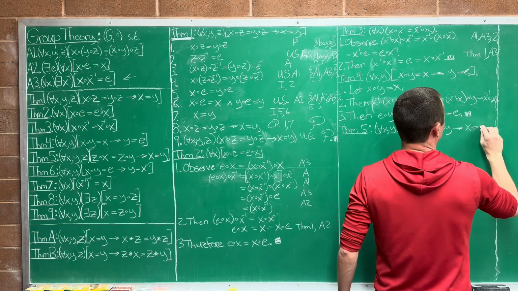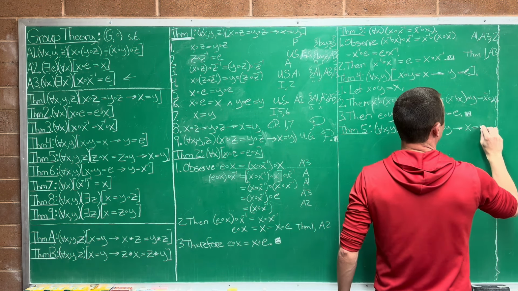6. Then E circle x is equal to E circle y, right? That's using axiom 3. And then this gives me that x circle E is equal to y circle E. And that's using moving the E's to the opposite sides. Yes, Theorem 2.